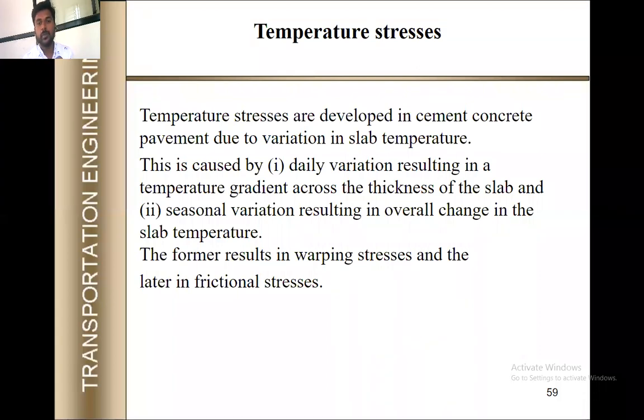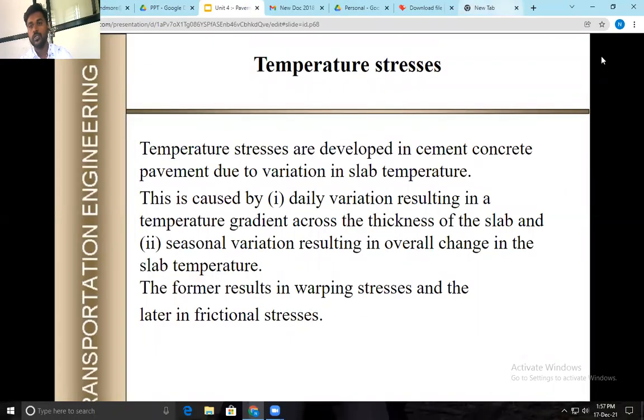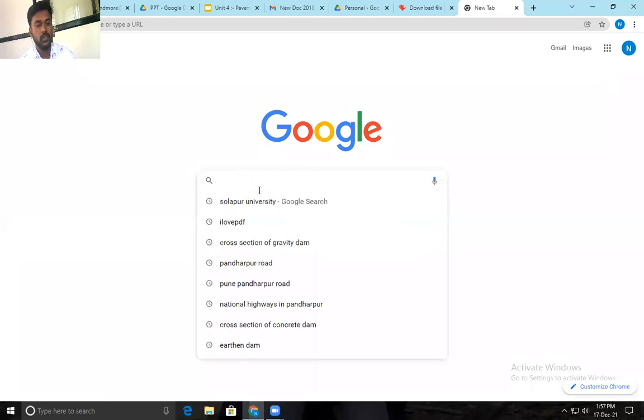How can we say the temperature affects the pavement? For that, how do the temperature stresses affect it? We'll see.